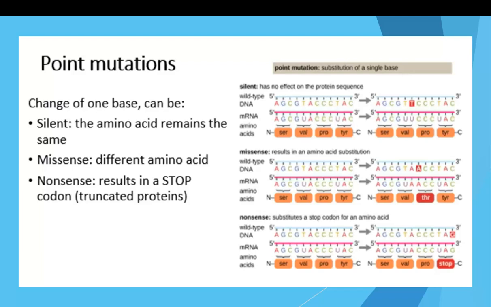If you remember, we talked about the stop codon. It's going to result in the synthesis of proteins that are shorter than the wild type, and typically they are not functional. We call this nonsense mutation. So silent, missense, and nonsense are the different types of point mutations that can happen.